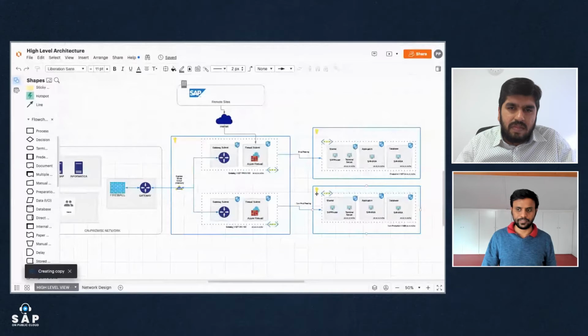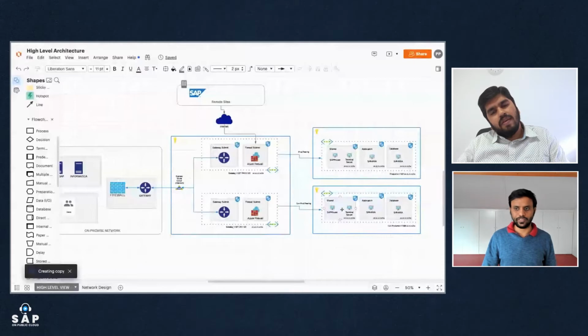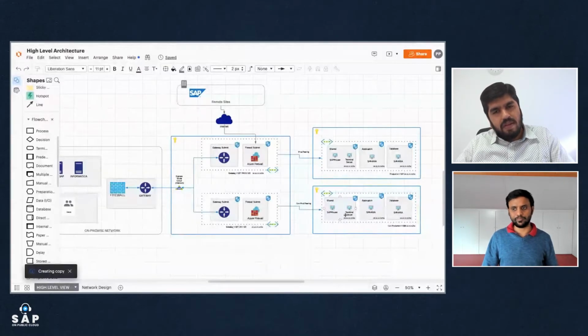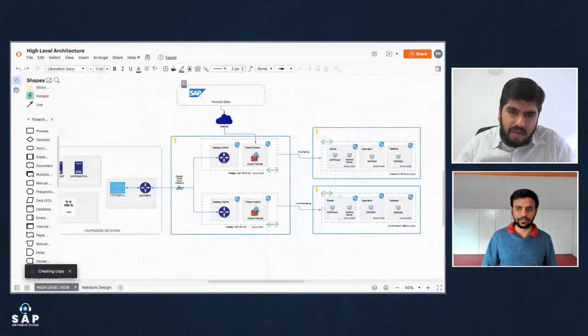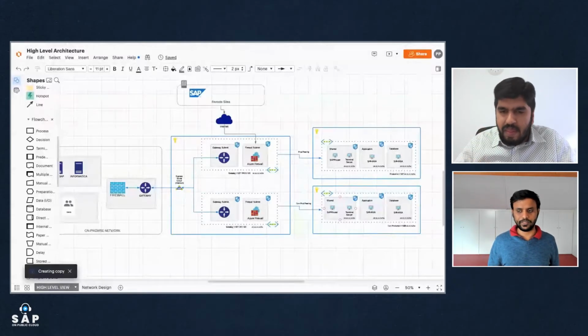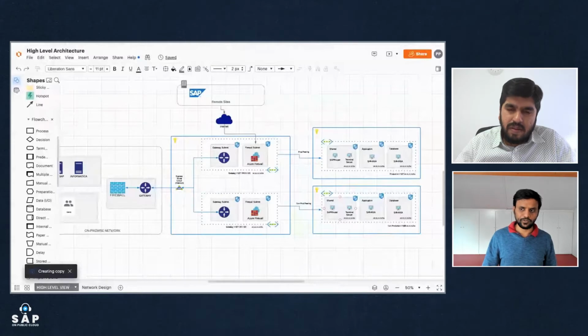Do they need dedicated VNets? What is the recommendation? If they have a non-SAP non-production VNet and a non-SAP production VNet, should they put it there? It is recommended to separate them and create a dedicated VNet for the SAP environment so that your NSGs, your subnets, and the firewall rules are clean.